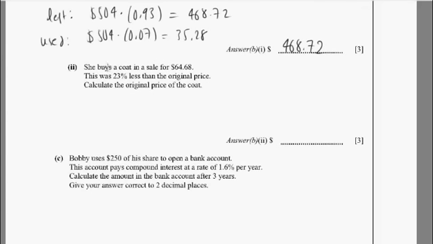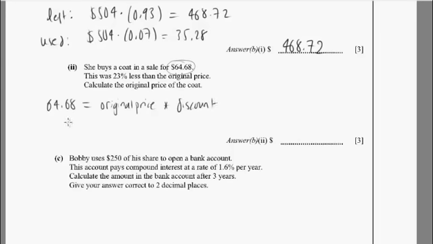On this part, she buys a coat on sale for $64.68. This was 23% less than the original price. Calculate the original price of the coat. So if this is the final result after the discount, then we could say that 64.68 equals some original price times the discount.